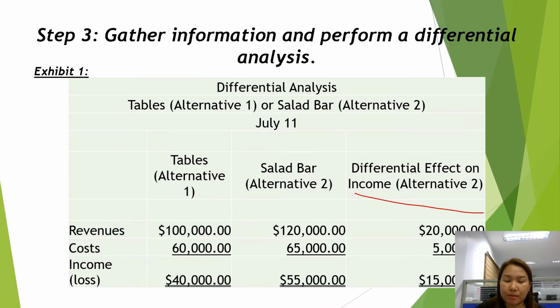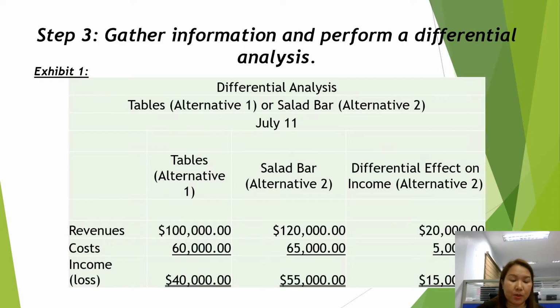And the third column is the difference between the revenue, cost, and income of one alternative over the other. The salad bar is being considered over retaining the existing tables.